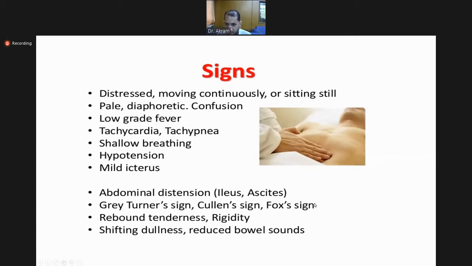And when this collection is present above the inguinal ligament, you call it Fox sign. Tenderness and rebound are present because this is a severe sign of acute necrotizing pancreatitis. The fluid is present, and when you move the patient, the fluid shifts from one side to the other side.